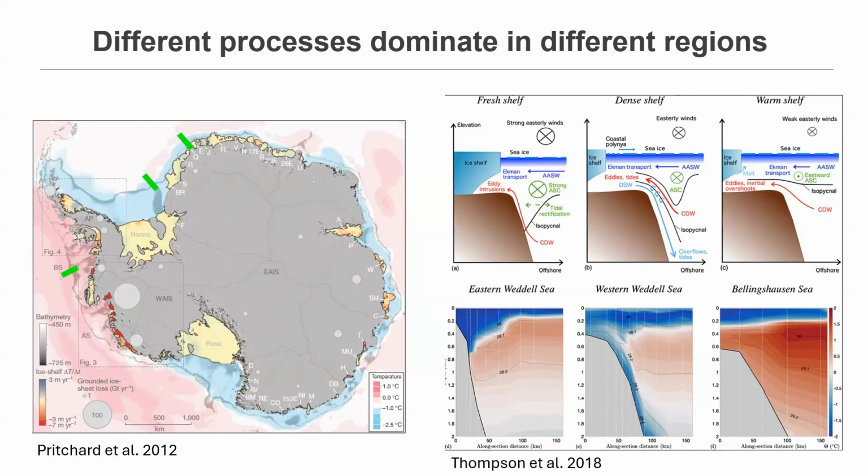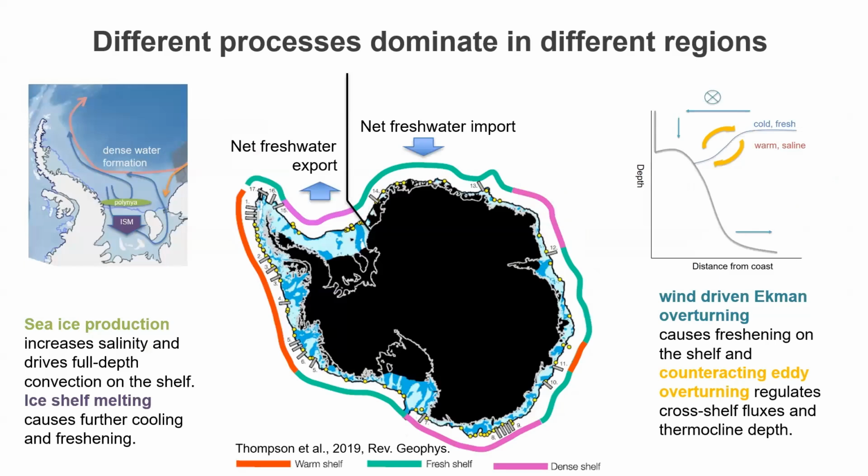Then there are the two other extremes, where you have a fresh wedge of cold water on the continental shelf, or where deep warm saline water directly accesses the continental shelf. Here different physics are at play, so meltwater comes in and pushes different knobs and hinges. We will come back to that.